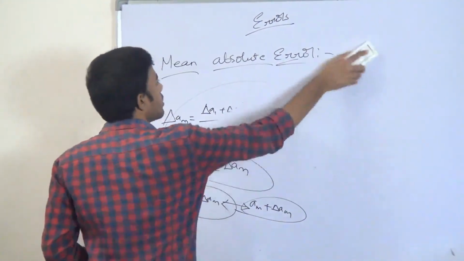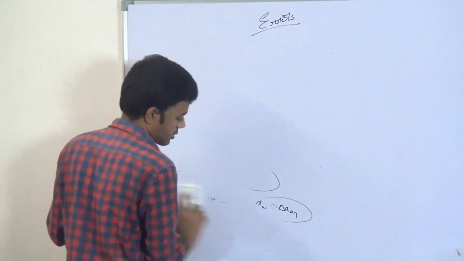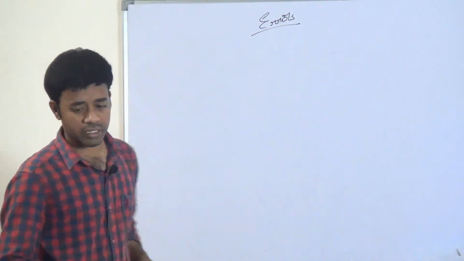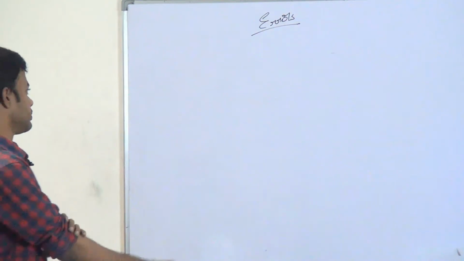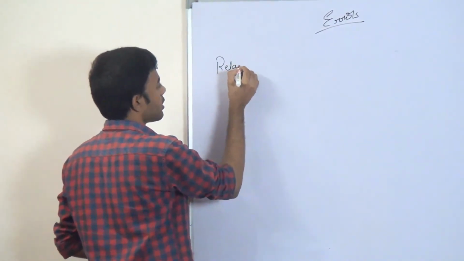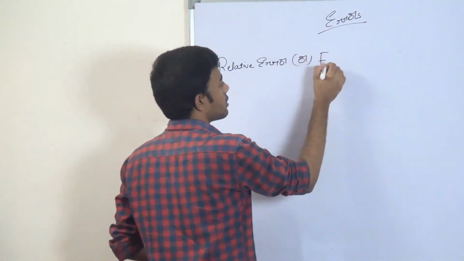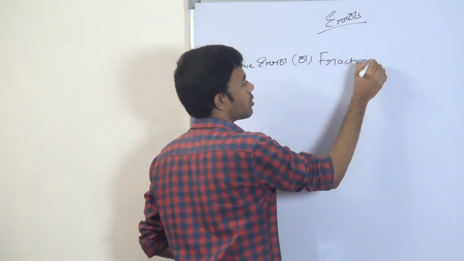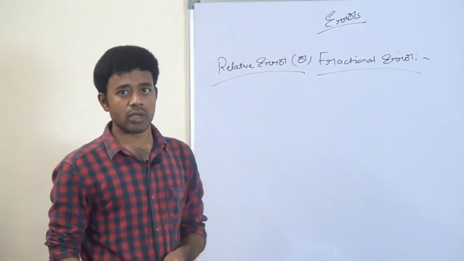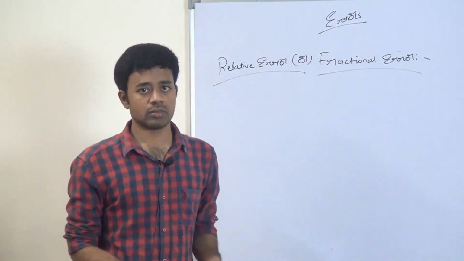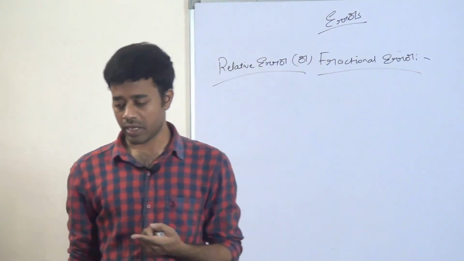The relative error or fractional error is the ratio of the mean absolute error and the mean value.